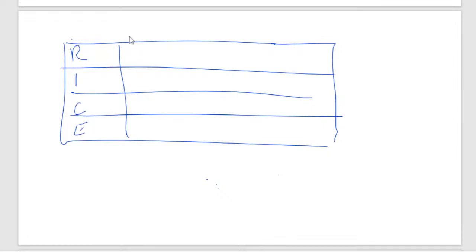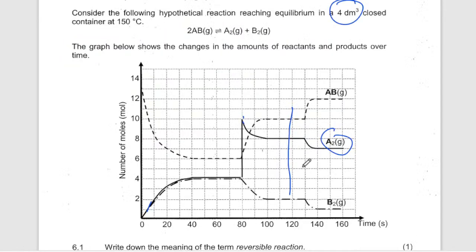Then these are the elements, so you have A, you have B, and then you have AB. Something is very important here. Look, guys, here the reaction reversed. This was the reactant, but here it is the product.